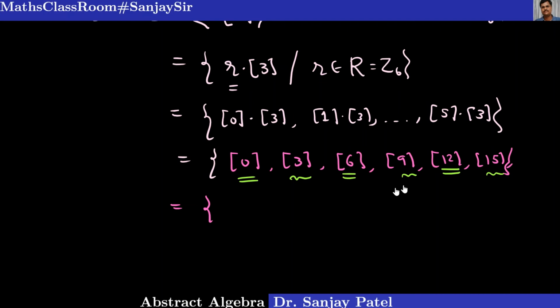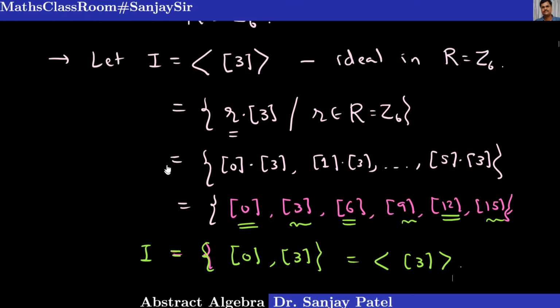Class 3 is equal to class 9 is equal to class 15 because 9 is congruent to 3 mod 6, and 15 is also congruent to 3 modulo 6. So in fact, we have only two distinct elements in this set I. The ideal I generated by the element class 3 is the set containing only two residue classes.